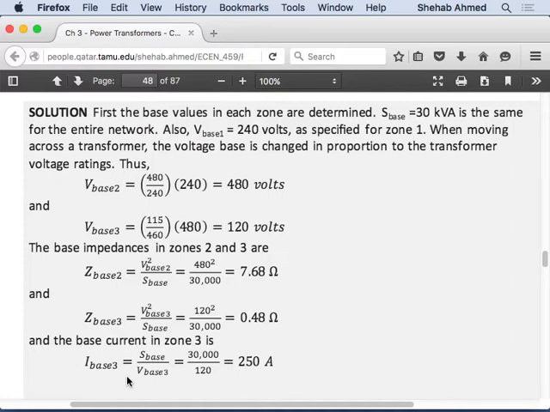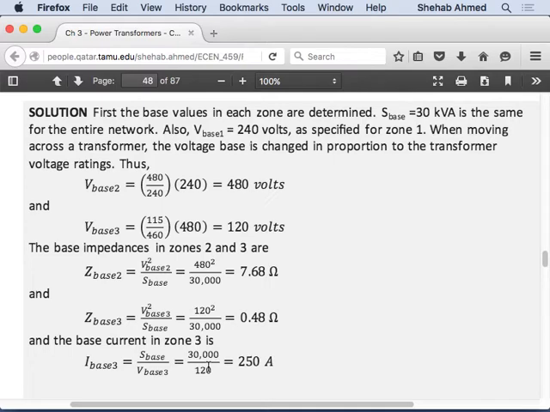For you to do that, you have to calculate the base current in the zone where the load is connected. So S equals V times I, right? In zone 3, I base 3 is equal to S base over V base 3. So now I've just jotted down all the bases in the different zones.